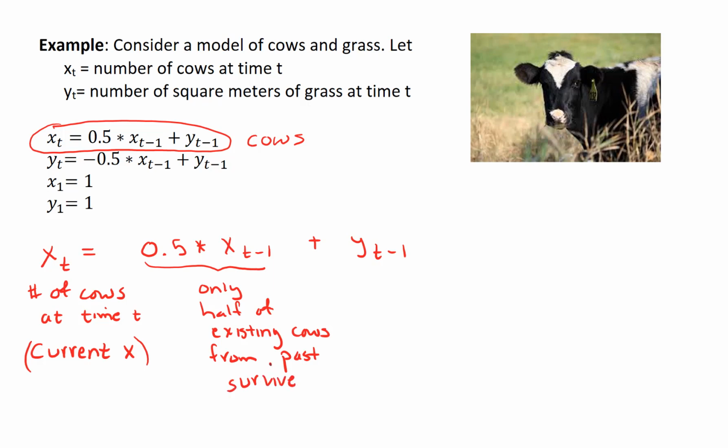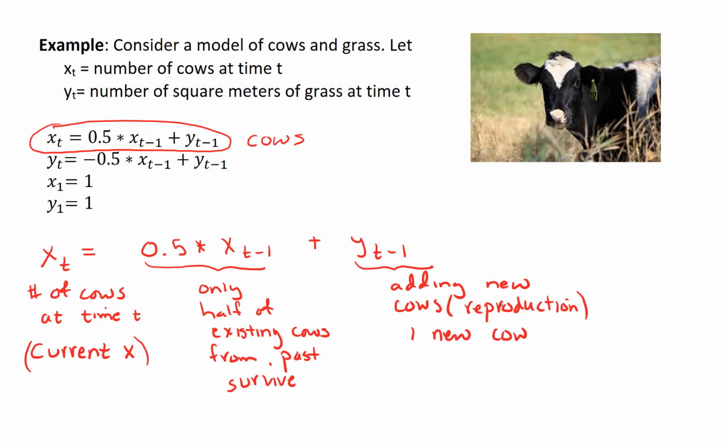And then this plus y sub t minus 1 means that we're going to make new cows. We're adding new cows into the system. In other words, that's reproduction. We're going to add one new cow for each square meter of grass.